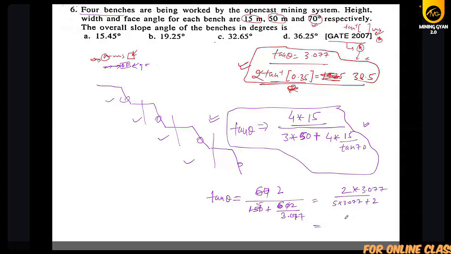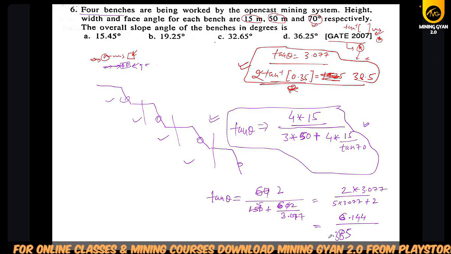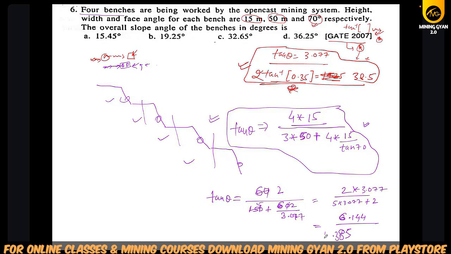So it will be 7 2 14, 3 2 6, 7 5 35, 3 38.5, 3 15 plus 2.